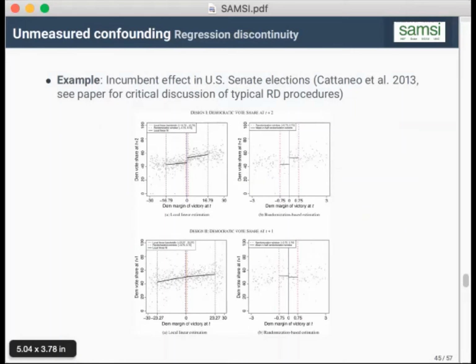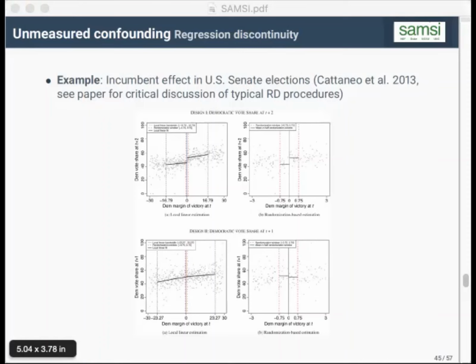Elections turn out to be great regression discontinuity instruments because there's a clear and arbitrary cutoff. That is, if your margin of victory is greater than 0, you become the elected official, and if it's less than 0, you don't. And in elections that are very, very close, the candidates that win and don't win are essentially exchangeable with one another.